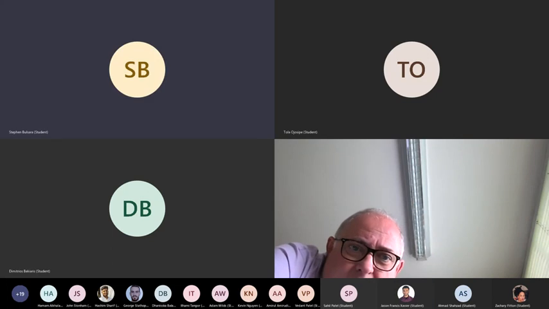Because you're sharing the app, we are able to move it around ourselves individually rather than see where you're moving it. So you have to share the screen, not the app.